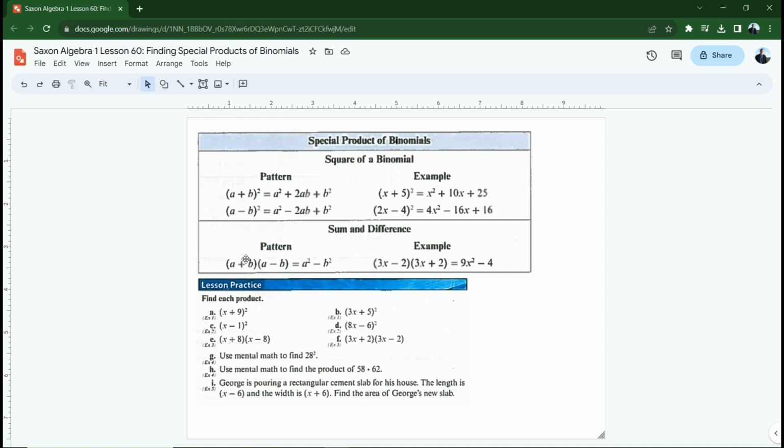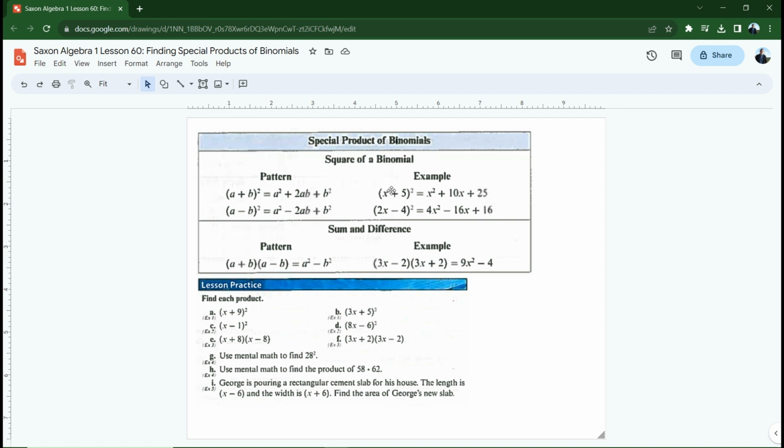The only difference is that one of them has a plus and one of them has a minus. This is one of several lessons in a row where I'm explaining, but it's going to be a lot easier when we're actually working with the practice problems in this lesson. So up here, there's some examples.